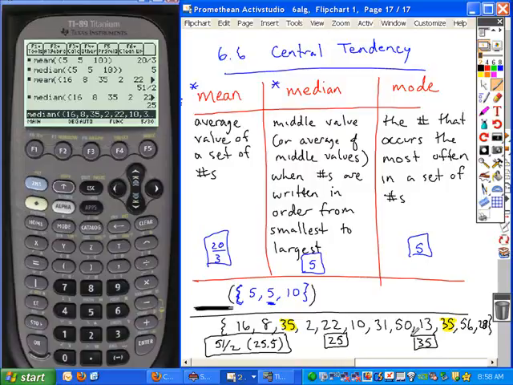Okay. If no numbers repeat, then there would be no mode. Okay. And again, however many sets of numbers have the same or occur the most often, those will all be considered your modes.